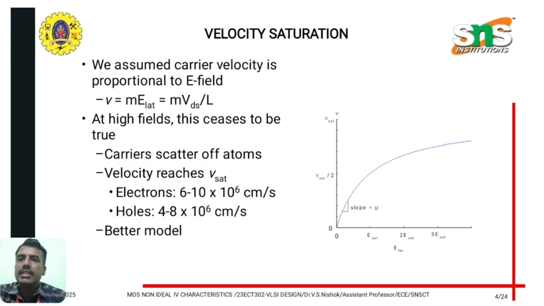But in the non-ideal condition, as we see in this plot, if the electrical field increases from 0, at the earlier stage the velocity also increases. But if the electrical field increases more, then the velocity goes to the saturation region, and there is no increase in the velocity. That is the non-ideal case.